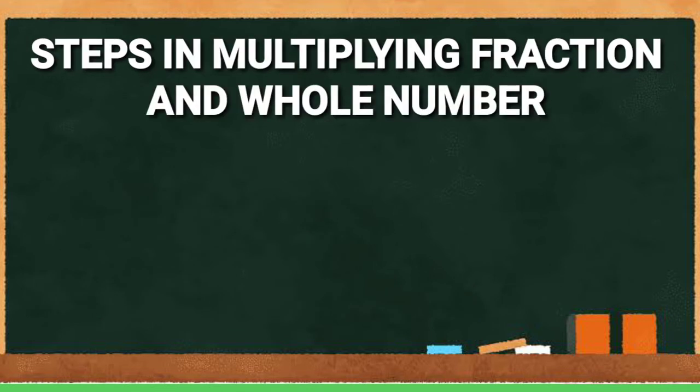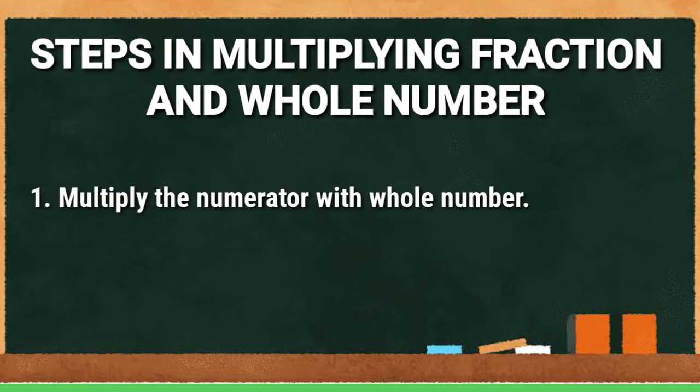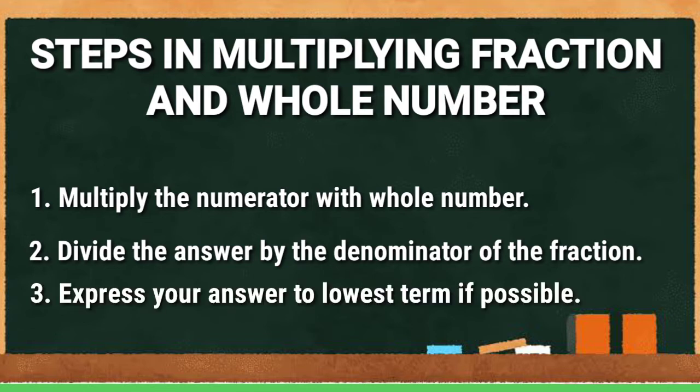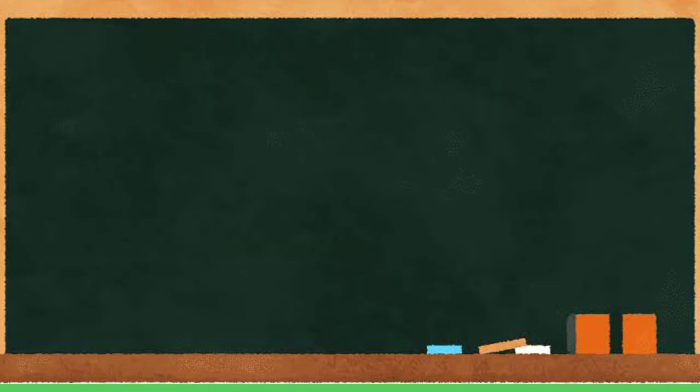Here are the steps in multiplying fractions with whole number. Step number 1, multiply the numerator with the whole number. Step number 2, divide the answer by the denominator. Number 3, express the answer to lowest term if possible.